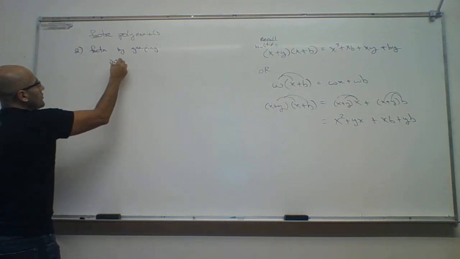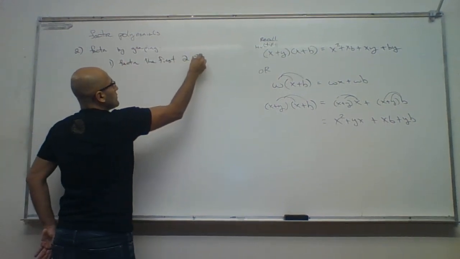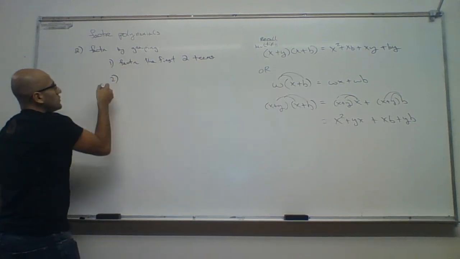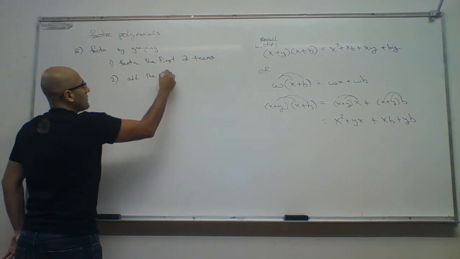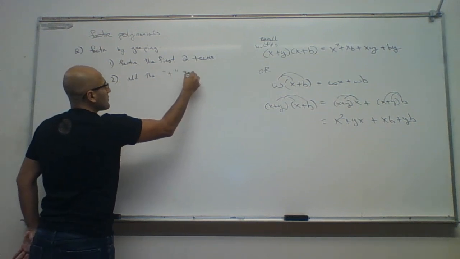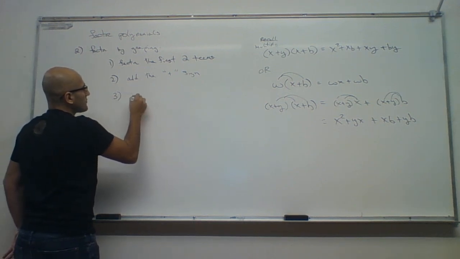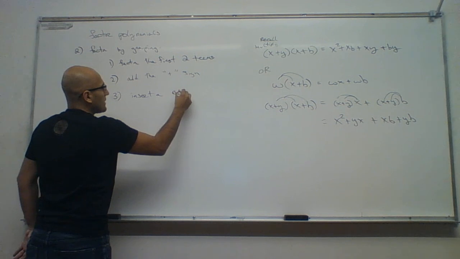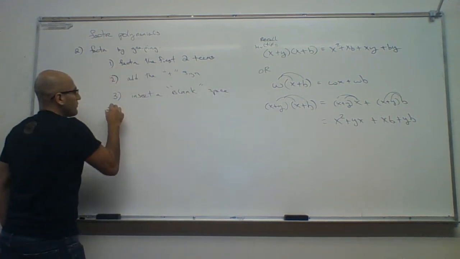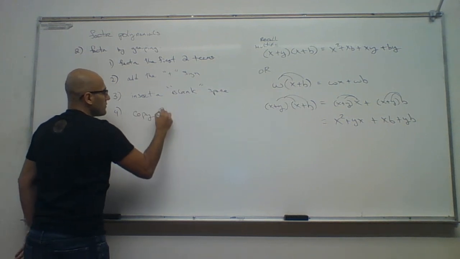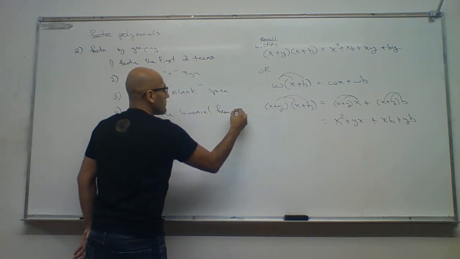Step number 1 for factor by grouping is factor the first two terms. Step number 2, add the plus sign. Then step number 3, insert a blank space. Step number 4, copy the binomial from step 1.